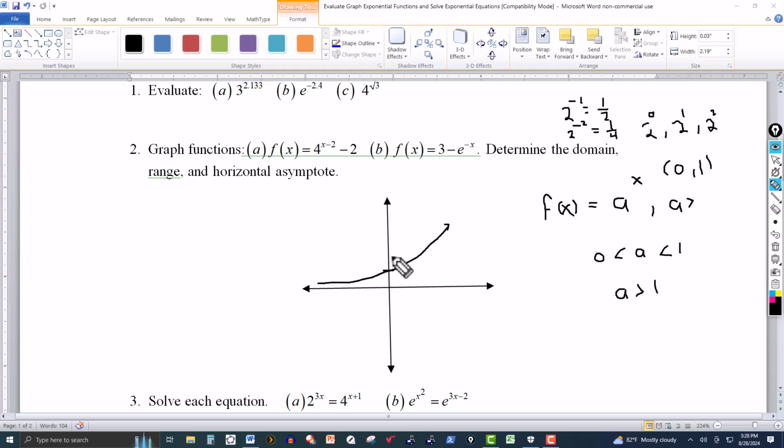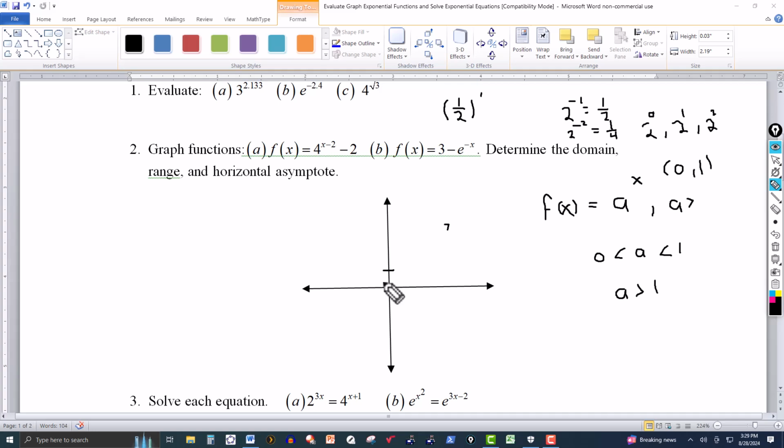Now if it's the other way around, let's say the base is 1/2. In other words, the base is between 0 and 1. 1/2 to the first power is 1/2, 1/2 to the second power is 1/4, 1/2 to the third power is 1/8.